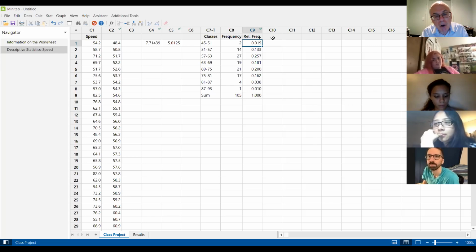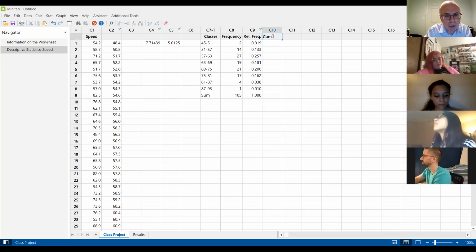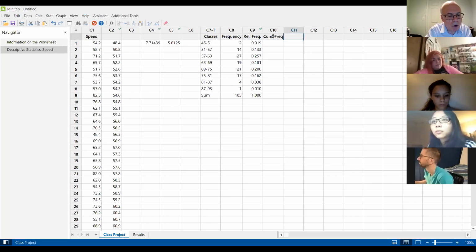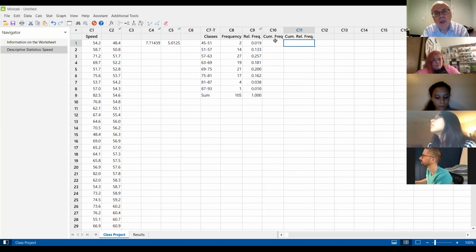Now, another term that's also used is called cumulative frequency. I'll type cumulative frequency, and then the next one I'm going to call cumulative relative frequency. A cumulative frequency is a running total of the frequencies.